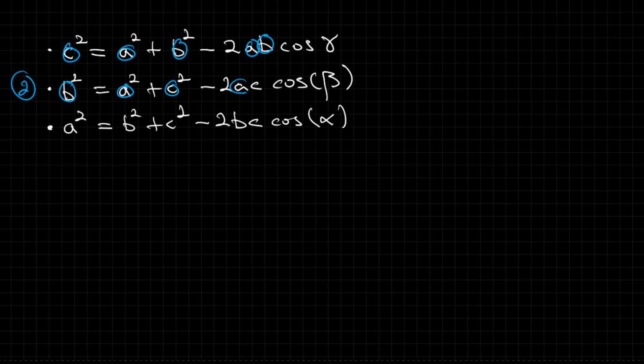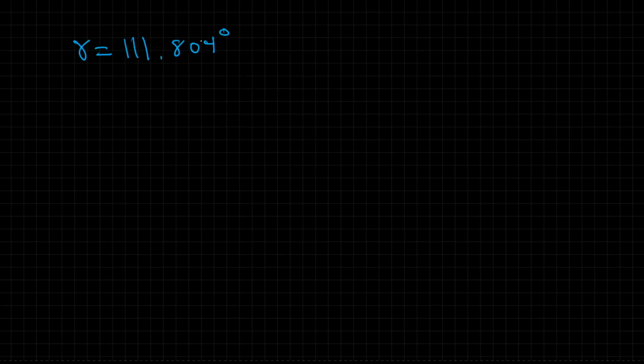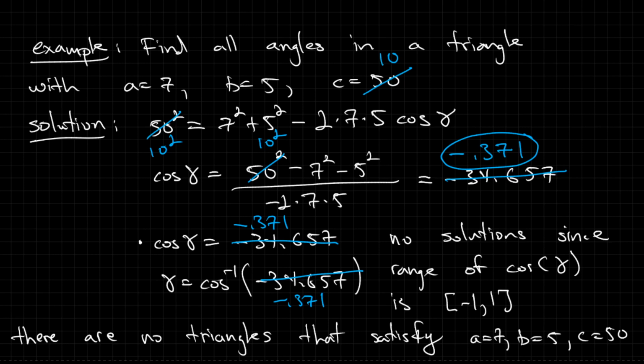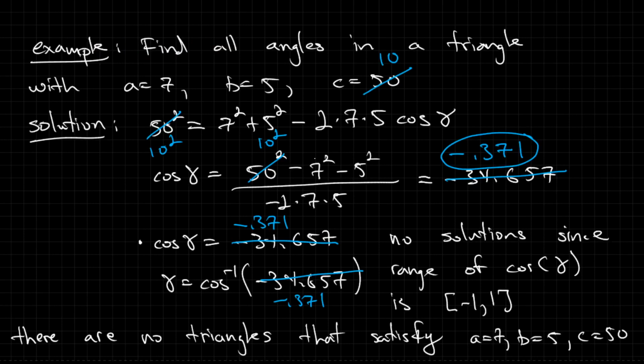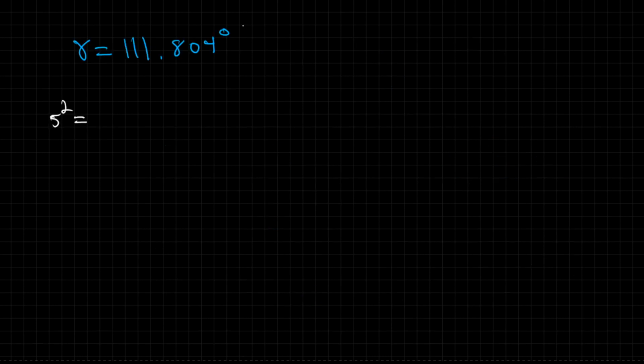Now I'll use a second law of cosines, that is this second one here, to figure out, I know B, A, and C, remember, to figure out what beta is. So B squared, and B is 5. That's going to be A squared plus C squared, so 7 squared plus 10 squared, minus 2 times 7 times 10, times the cosine of whatever angle is opposite to B, that's beta.